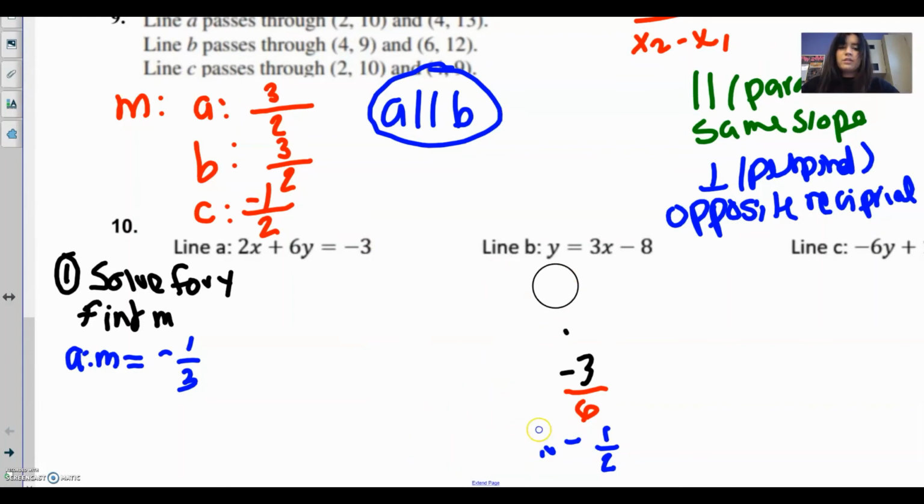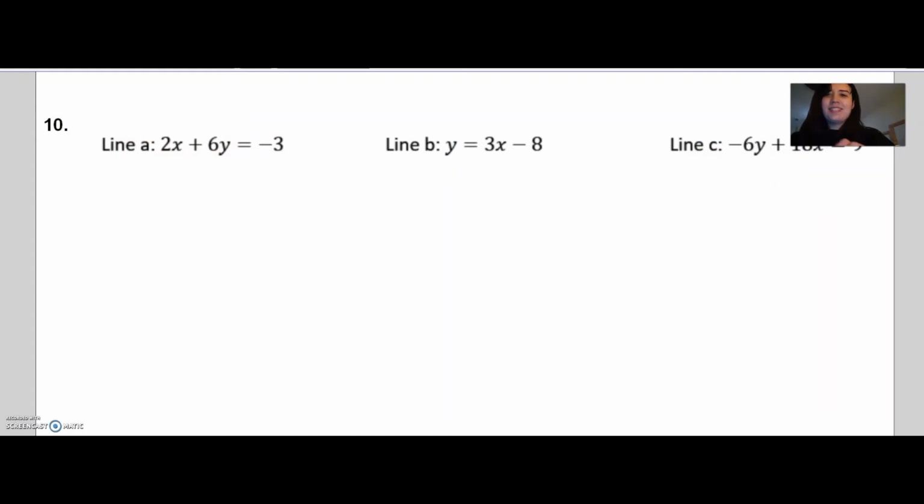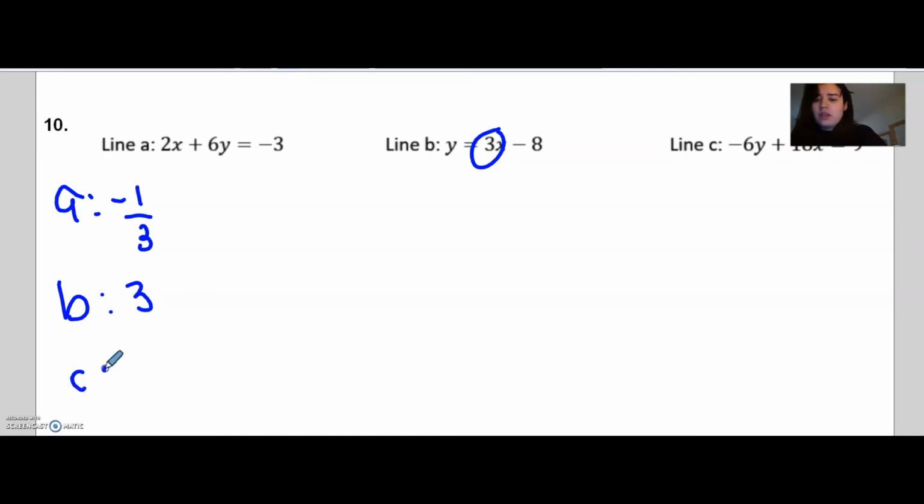Okay, for line B, okay, so I got cut off, but we are comparing slopes. So for A, we got -1/3. For B, just by looking at this, we know our slope is 3. And for C, we have to solve for y.